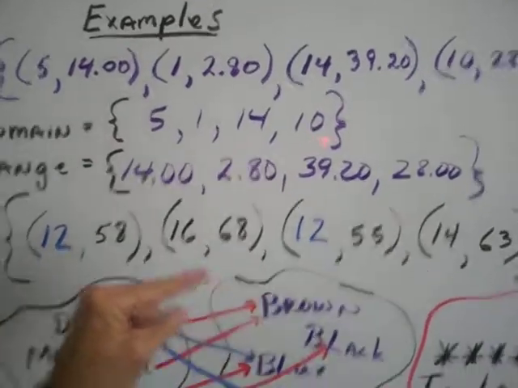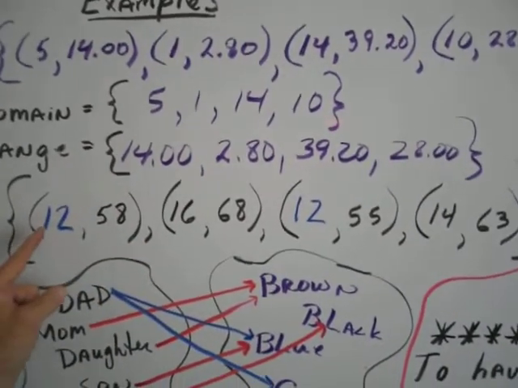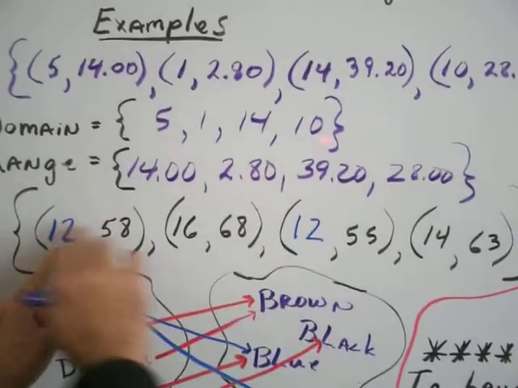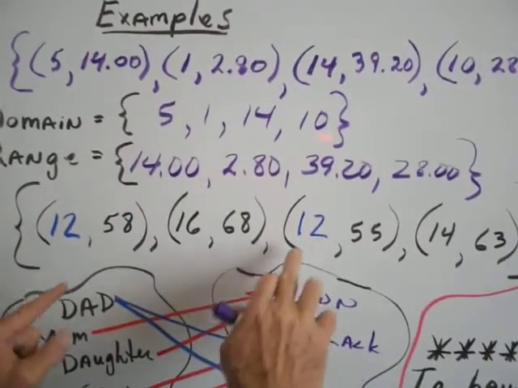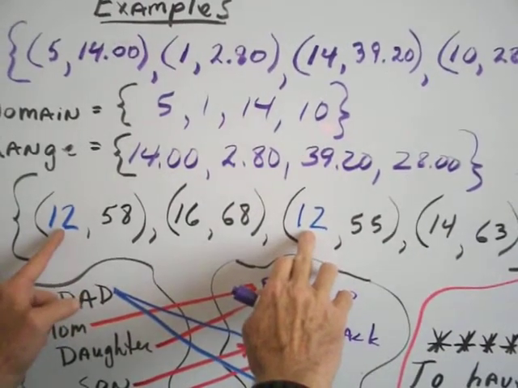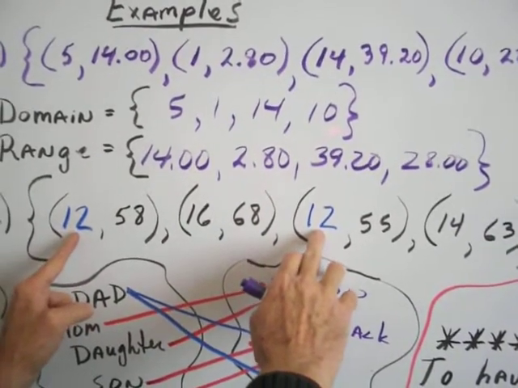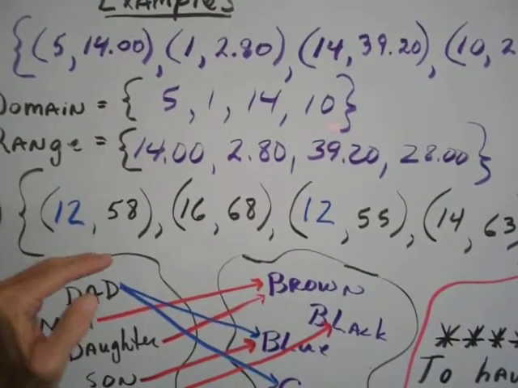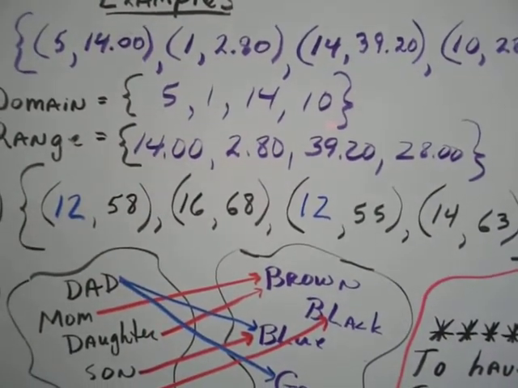At least signifies that you can have the same x value in the overall collection. You can have the same x value, in this case 12, corresponding to two different y values, and it fulfills the definition of a relation.